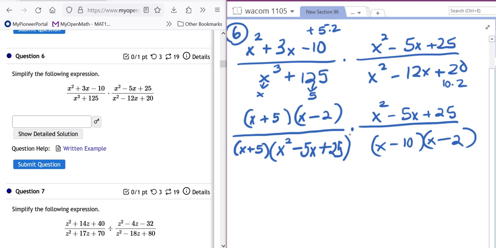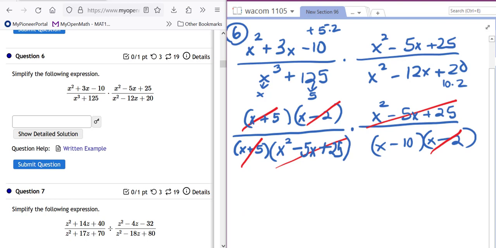This one was multiplied, so no flipping. Now you're ready to cancel. So we try our diagonals. On this one, we can do the x minus 2 matches to the x minus 2. On the other diagonal, we can do this big trinomial. Right, and you also have one that is vertical, straight up and down you can do.